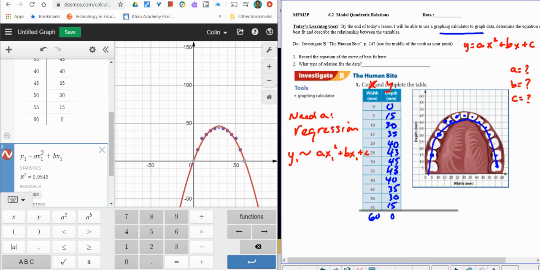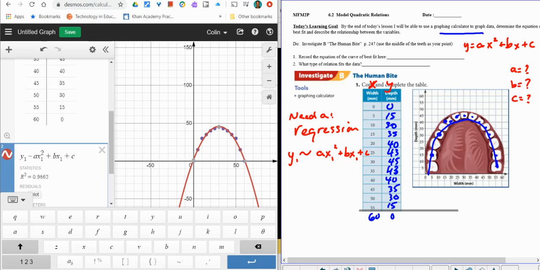And already, look, it likes it. It likes it very much. It's really close to what we have there. A little different, but now plus c. So back to our keyboard, c. We don't need a 1 on that one. Everything's fine. Okay? And now what it's done is made it even closer to the values.